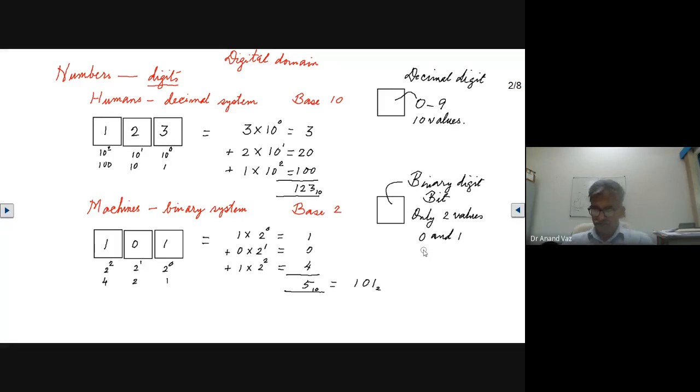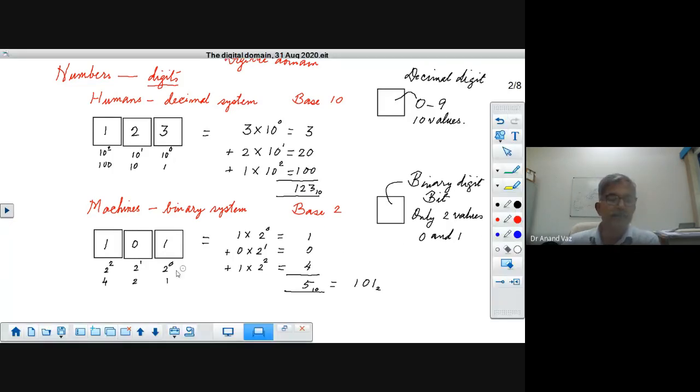Now let us proceed to the next aspect. Suppose we have to represent larger numbers. So we have a definite system how this is to be done, and the system is something like this.